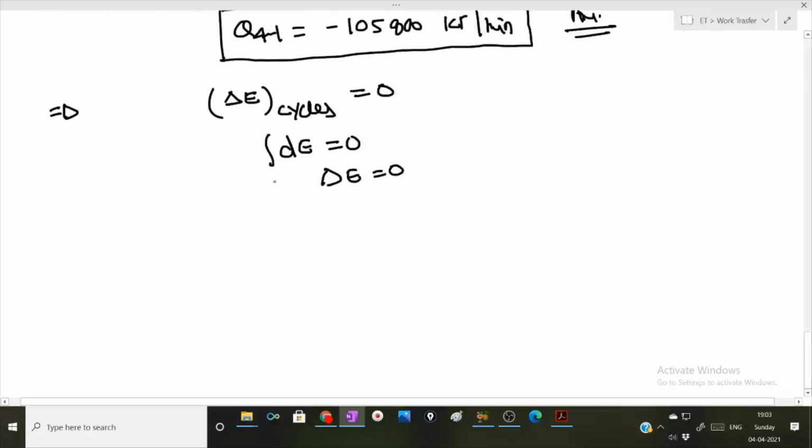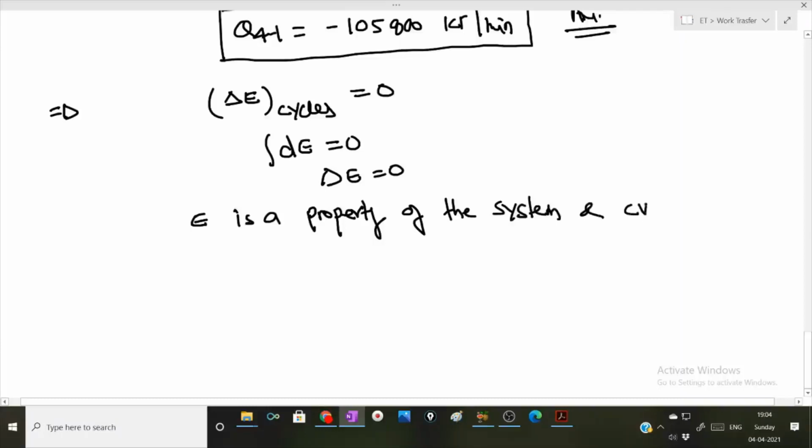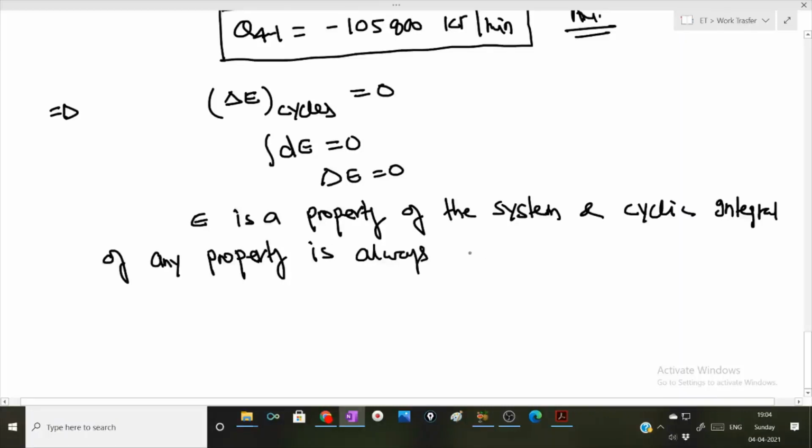Because E is a property of the system, and the cyclic integral of any property is always 0.